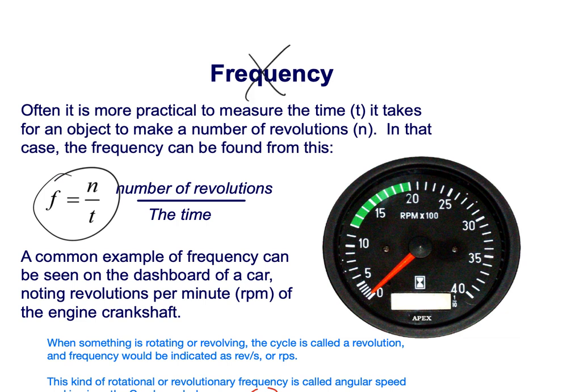Instead, I'm going to use the words angular speed. And the symbol for angular speed is this Greek symbol, a fat W. It's called omega, lowercase omega.